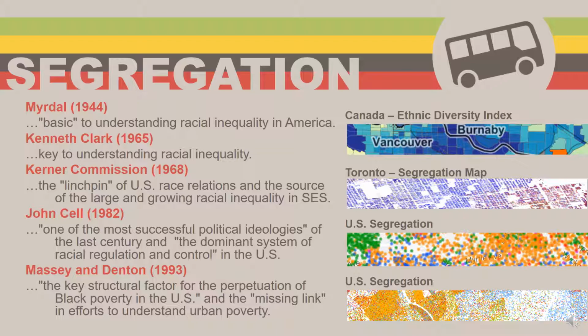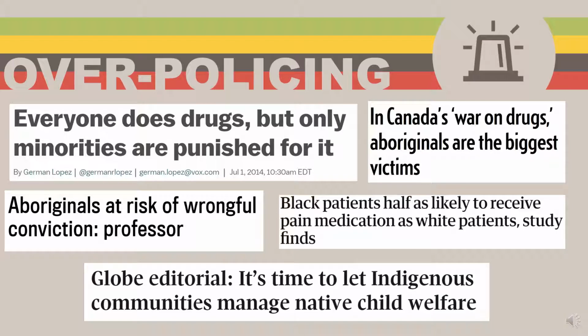Others have called it the missing link in an effort to understand urban poverty. So you can see that there's this compounding, reinforced interaction between social factors and structural ones. A good example of that within the context of segregation is the way that it impacts young people through over-policing.